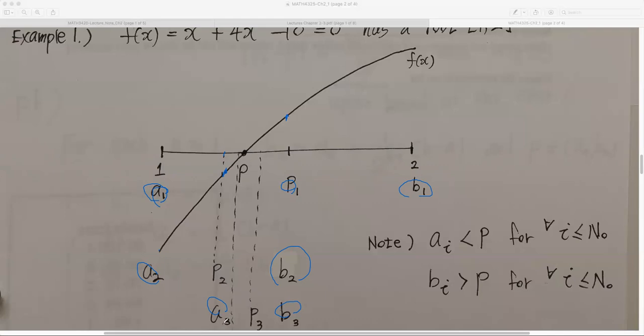The sequence of a_n and the sequence of b_n are going to approach the root, right? So let's say this is p1, p2, and p3. That middle point will approach the root p. Okay, so that's the algorithm of the bisection method.